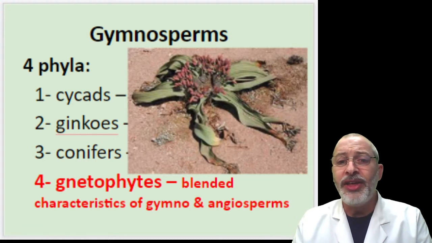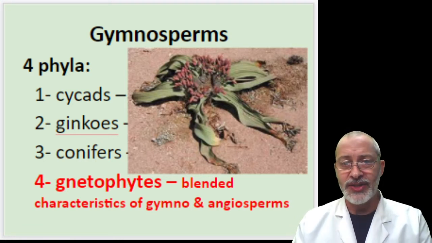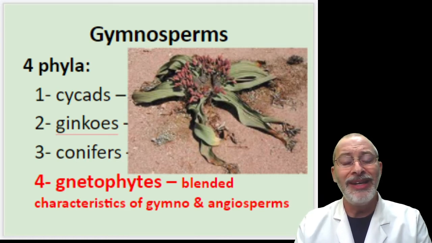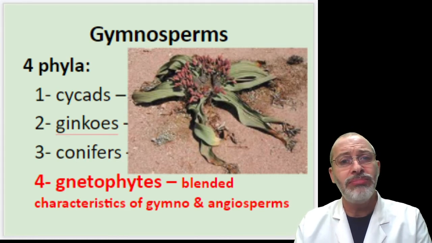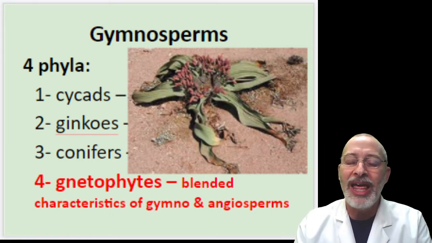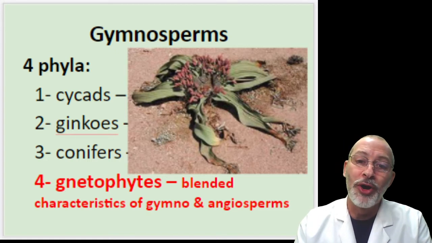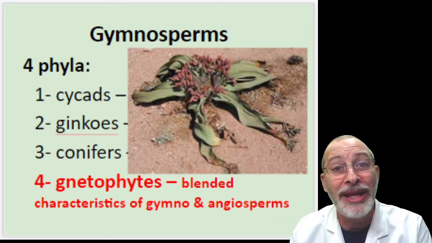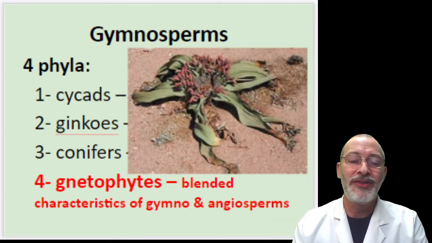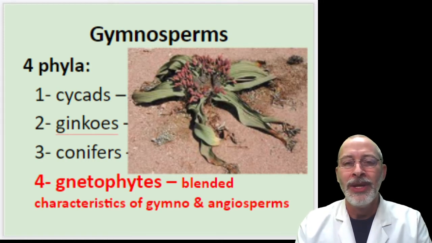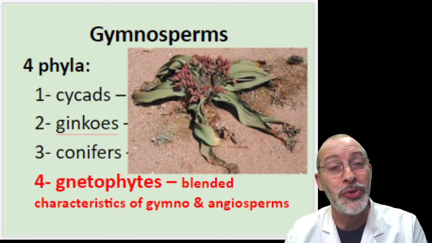Next, we've got the Gnetophytes. The first G is silent. So the Gnetophytes are, I would say, pretty neat, because they have blended characteristics of both gymnosperms and angiosperms. They're kind of a transitional plant. Scientists have found it difficult where to put this particular phylum, because they grow flowers, but they also produce cones.